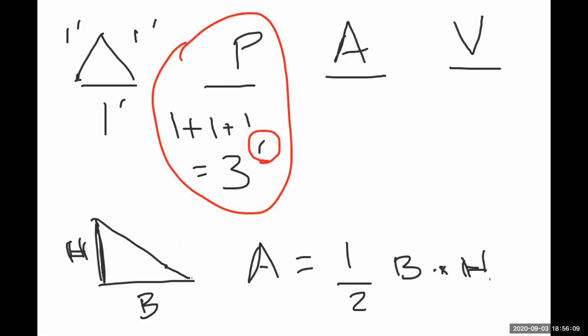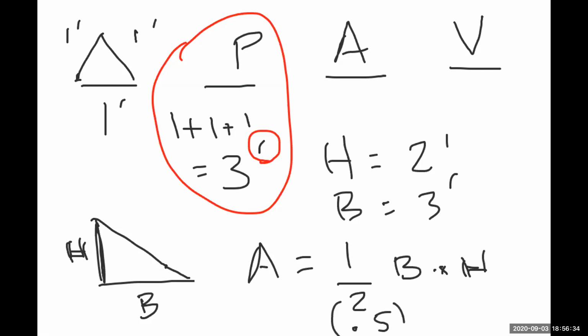So if I said the height of this triangle on the left was h equals 2 feet and the base equals 3 feet, I would have 0.5, which is the same thing as a half, times 3 times 2. 3 times 2 is 6, divided by 2 is 3.